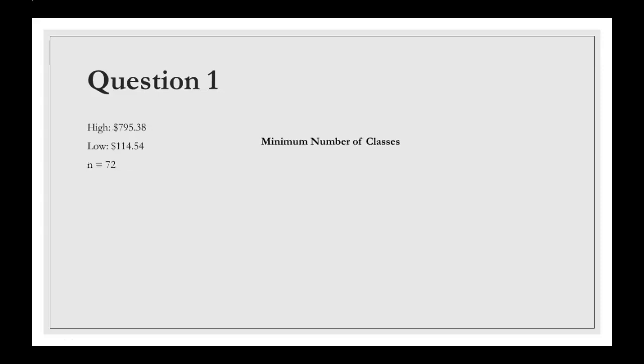So our minimum number of classes will be using this formula: 2 to the C power is greater than or equal to N. So our N, we already said that was 72. C is your minimum number of classes. So this is going to have to be like a trial and error sort of thing. So 2 to the C is greater than or equal to 72.